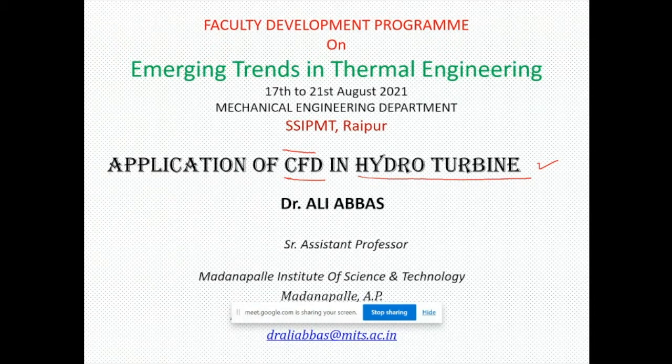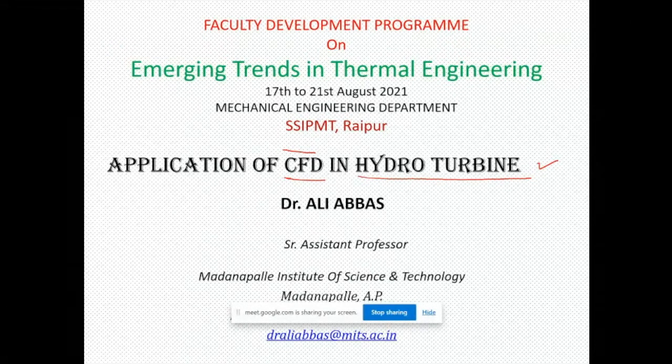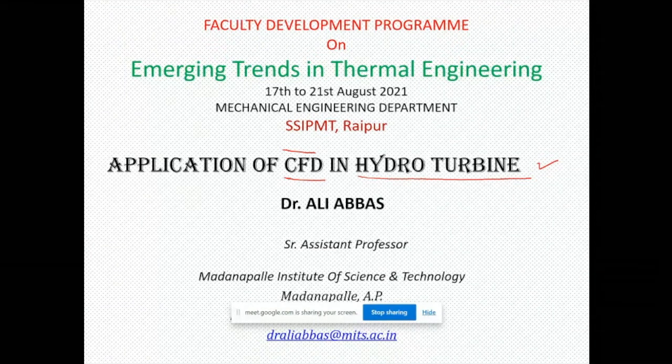In the impulse turbine we studied the Pelton, and in reaction turbines we generally go for the Kaplan and the Francis. But there are many other kinds of turbines also used for harnessing hydropower: hydrokinetic turbines, cross flow turbines, turbo impulse turbines.